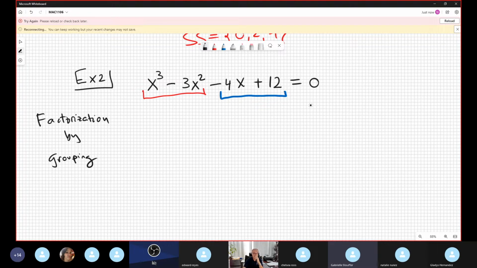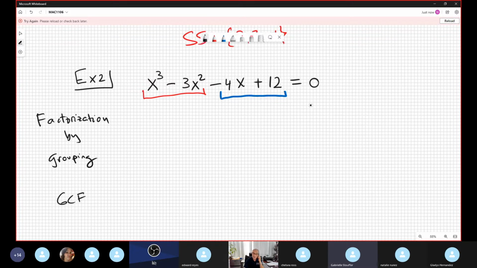The greatest common factor of the first couple is obviously x squared. Now we have x minus 3. And the greatest common factor in the second couple, the blue couple, I suppose is 4, right? But I don't know very well if it's positive 4 or negative 4. At least let me try.